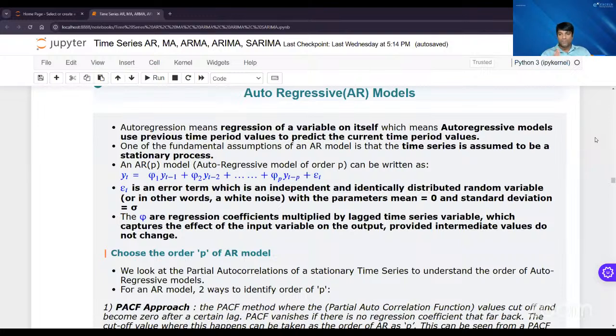I don't want to go deep into it, but if I can represent my values as a linear combination of my past lagged variables, say for TV sales, the current TV sale can be represented as a combination of the same kind of TV sales from the past, using the lagged variables.